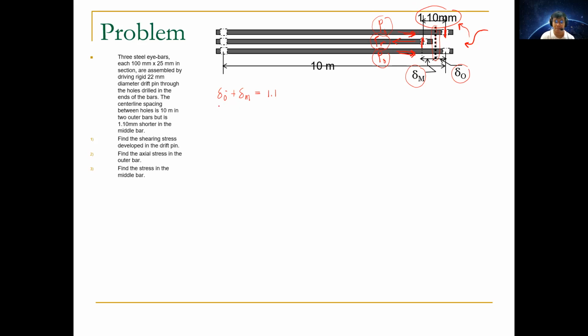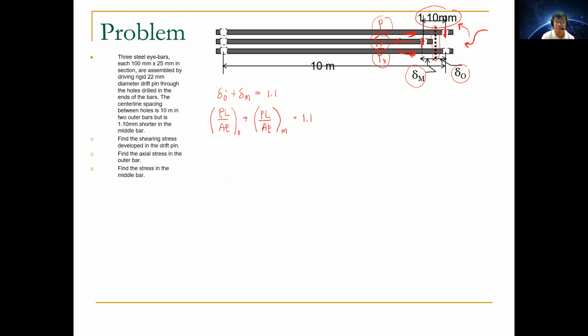So next is we utilize the formula PL over AE of the outer bar. Then PL over AE of the mid bar is equal to 1.1 millimeters.